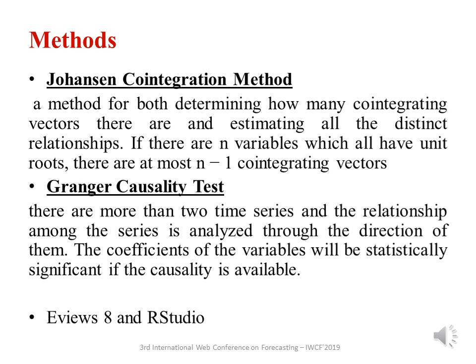In the Granger causality test, there are more than 2 time series, and the relationship among the series is analyzed through the direction of them. The coefficients of the variables will be statistically significant if the causality is available. EViews 8 and RStudio were used in order to analyze the data.